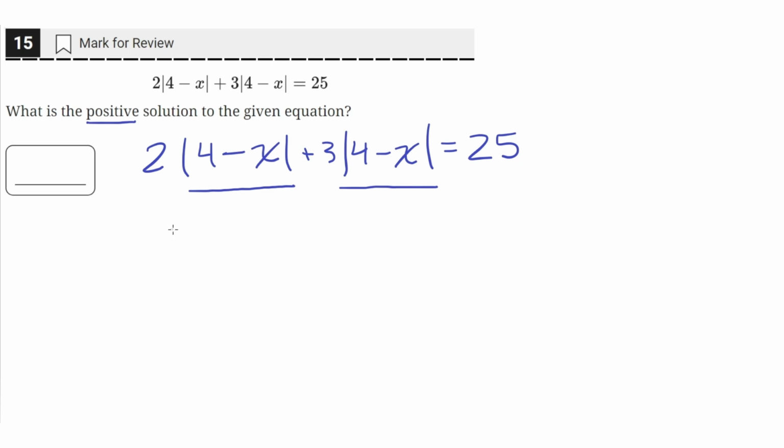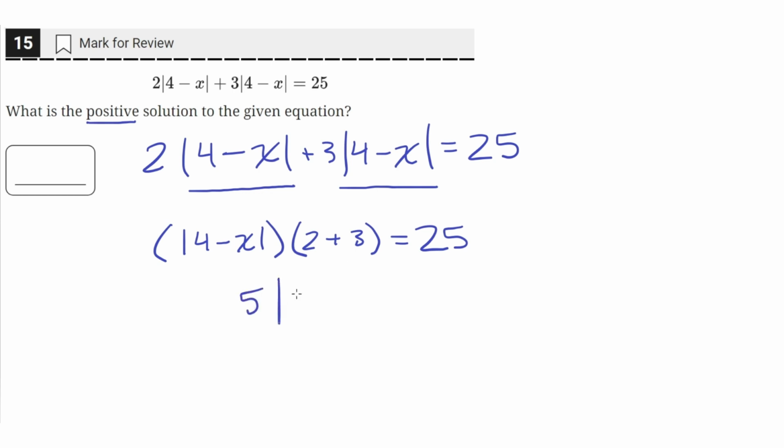So we'll factor out the 4 minus x, and so then we'll multiply it with the two coefficients, 2 and 3. So we could just add the 2 and 3 together to get 5 times this absolute value of 4 minus x equals 25.